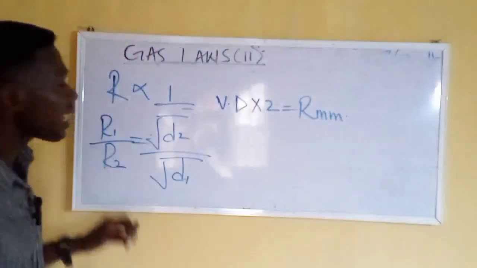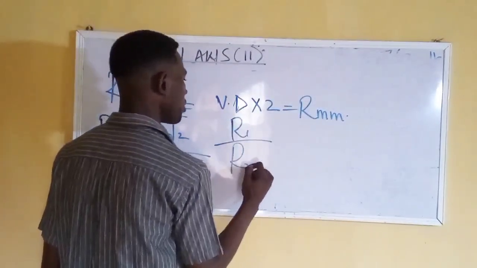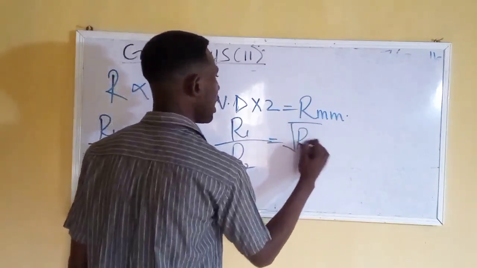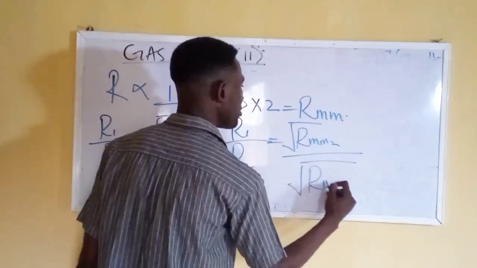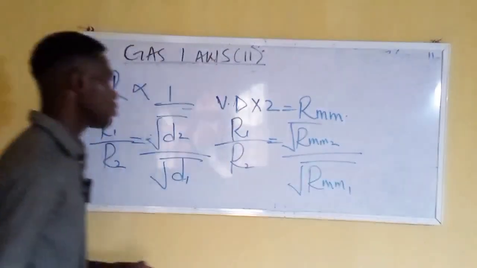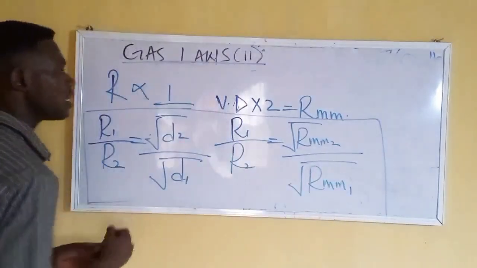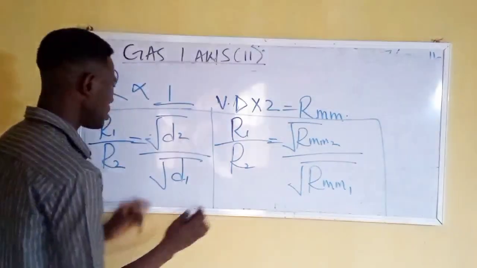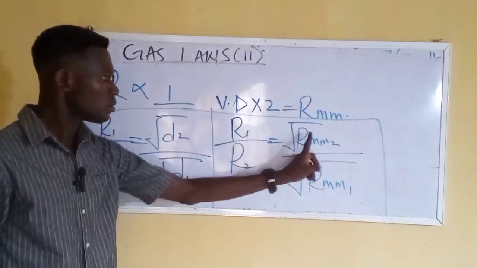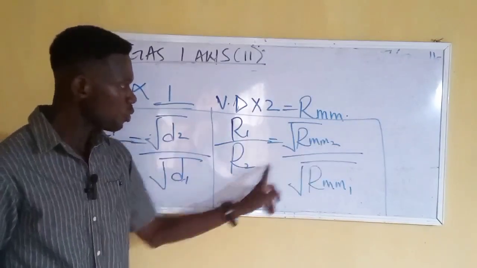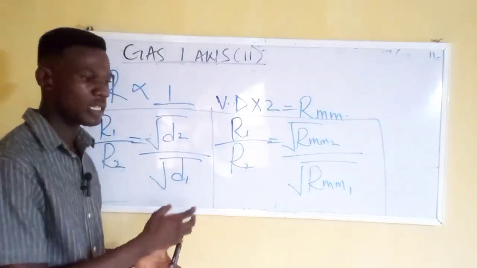So this formula can also be written as R1 over R2 equals root RMM of 2 over root RMM of 1. You can work with any of these formulas and you would arrive at your answer. Either you work with this or you work with this. R1 equals the root of RMM of 2 over RMM of 1, and this is the rate of diffusion of the other gas.